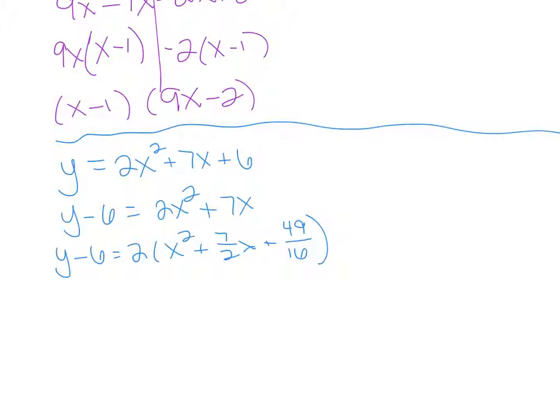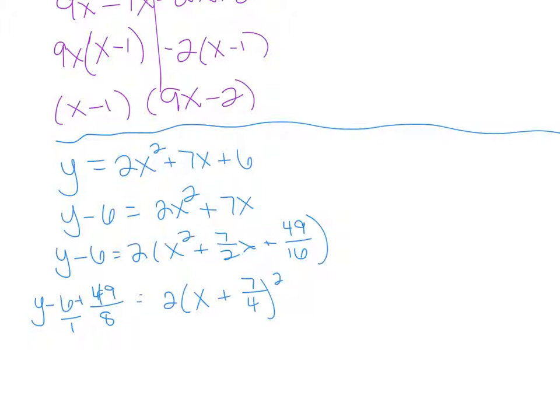Make sure that my math is correct. Hold on, let me just think of that quick. 7 halves divided by 2, yes, squared, good. Now if I were to distribute the 2, because remember that's what you have to add to the left-hand side, it would be minus 6 plus 49 eighths, x plus 7 fourths squared over here.